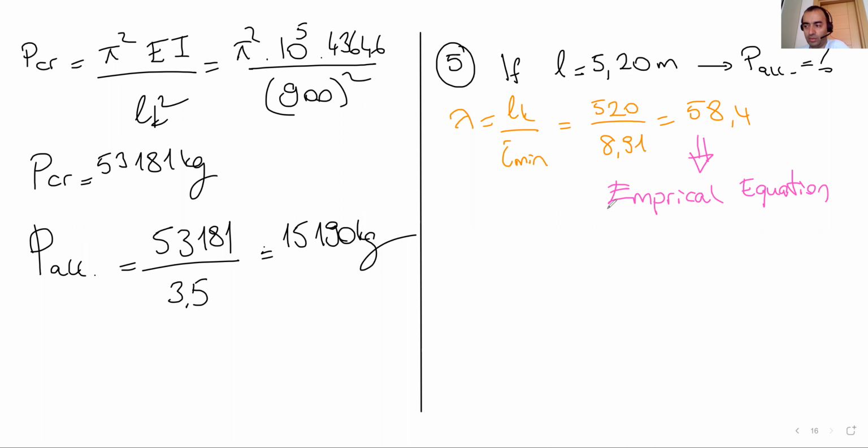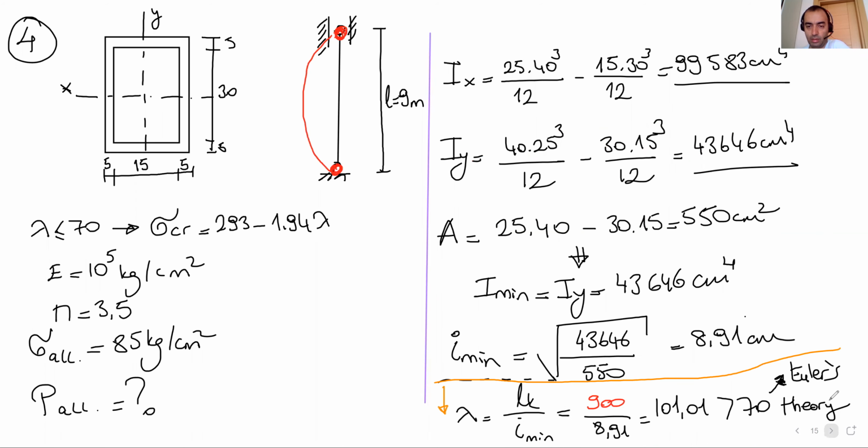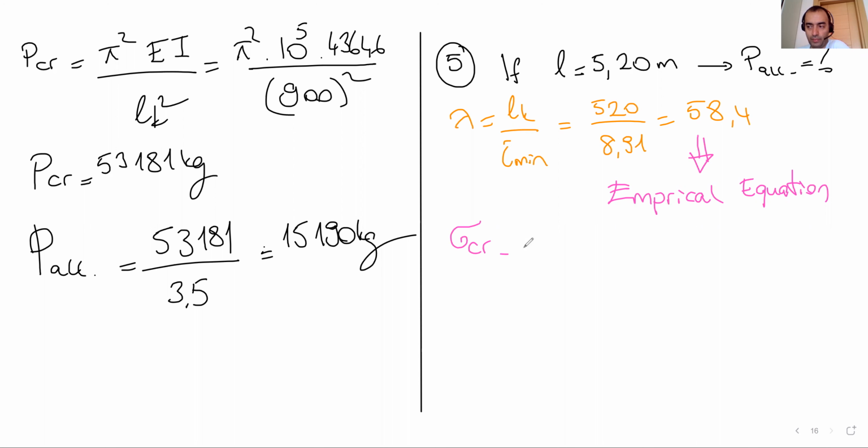What was it? By the way, let's go back. Sigma critical is minus lambda times. So sigma critical here is, okay, this is sigma critical.